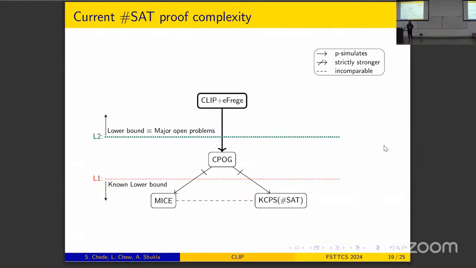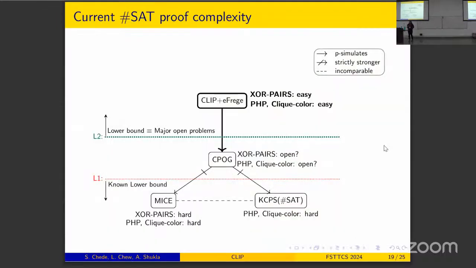So that keeps us at the top of the hierarchy, right? So we can simulate CPOC, and CPOC has already separations shown. So to sum up, these were the problems, right? We have shown XOR pairs is easy here, and PHP and clique are also easy.